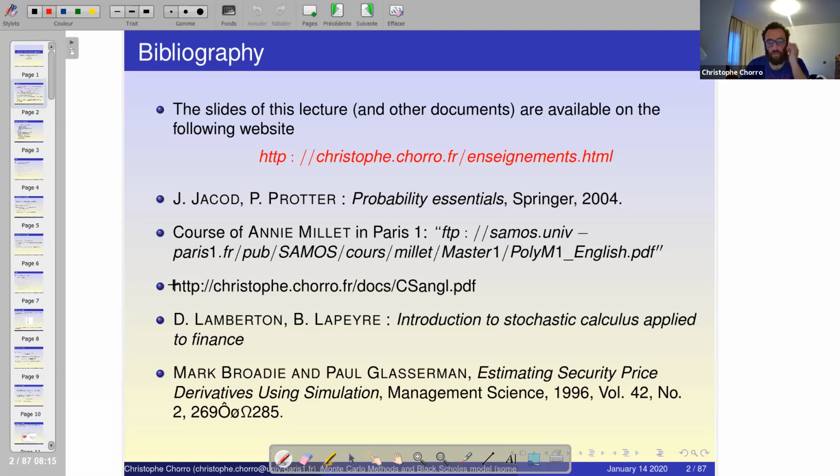So I believe that my course will be self-contained, but you have these references if you need more precision. Typically here you have the Black and Scholes model that is done in these two references. Here it's more probability theory. So the study plan will be the following.